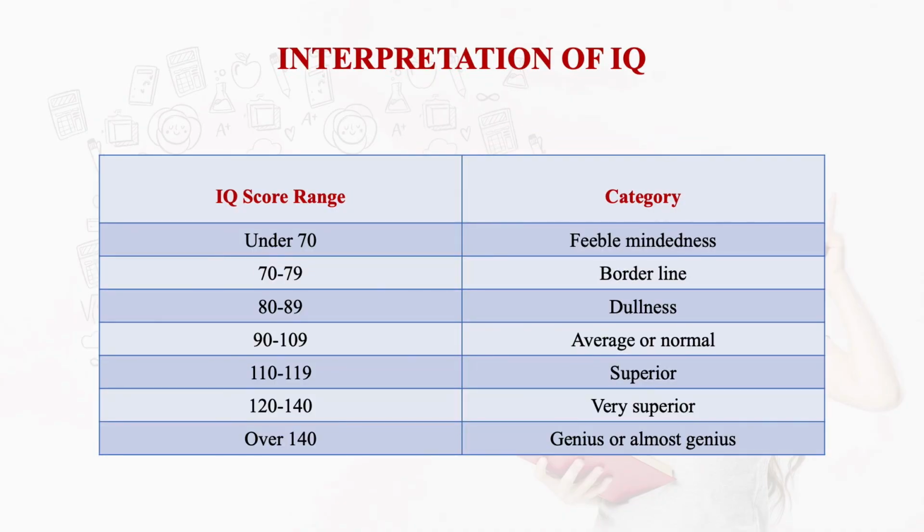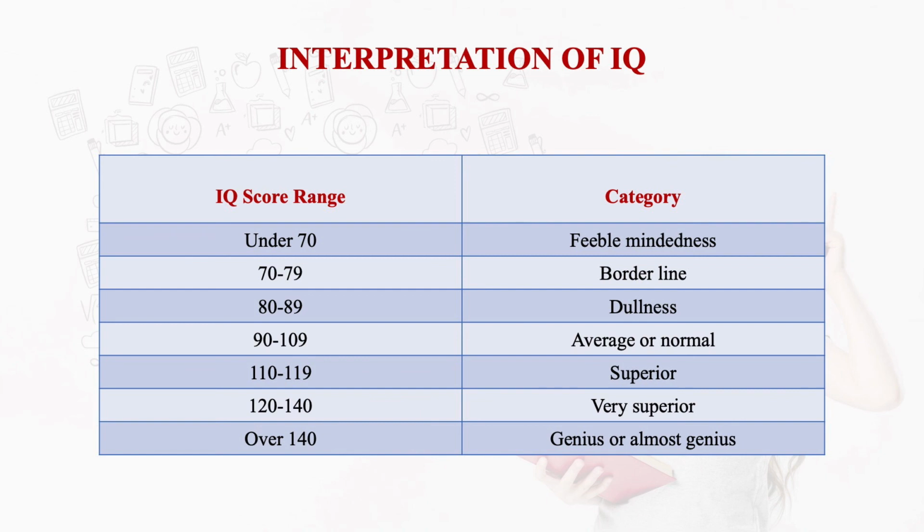Then further, so far as interpretation of IQ is concerned, we can say that the intelligence quotient score range is, if it is under 70, he or she will come under the category of feeble mindedness, and if it is within 70 to 79, then it is borderline. If it is 80 to 89, it is dullness. If it is 90 to 109, it is in the category of average or normal, and if it is 110 to 119, then it is in the superior category.